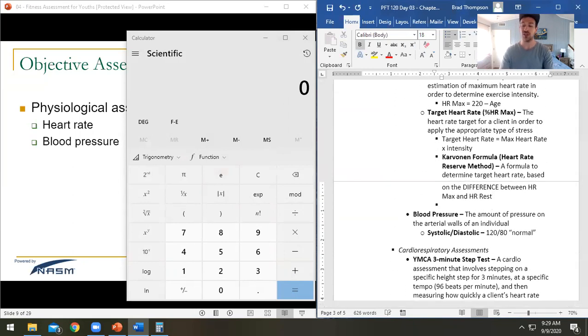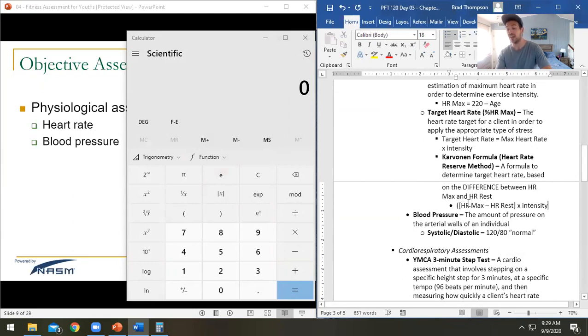This formula is fairly complicated, but it's going to be your heart rate max minus your heart rate rest, and then you're going to multiply that by your intensity. I said 65% earlier, so you're going to multiply whatever number you get here by 65%.